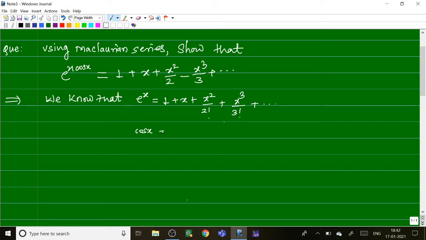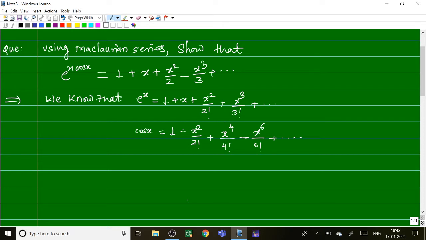Similarly, cos x is 1 minus x square by 2 factorial plus x to the 4 by 4 factorial minus x to the 6 by 6 factorial plus and so on.